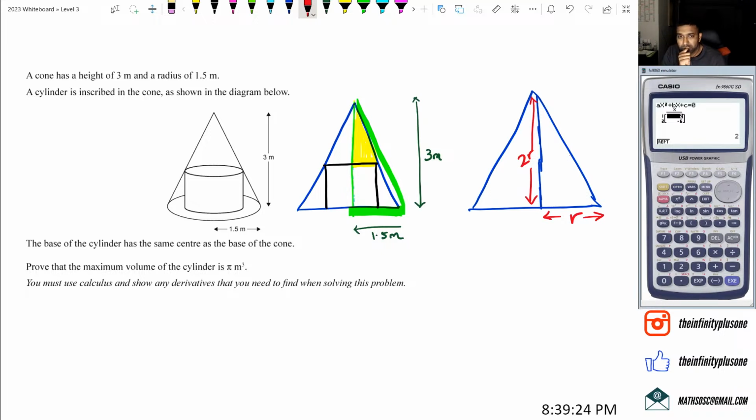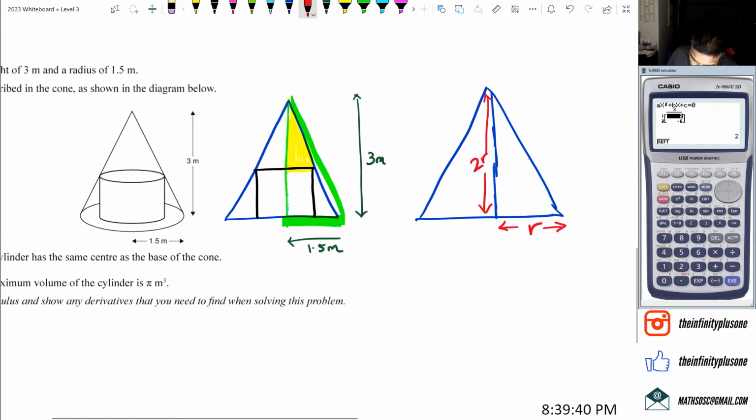That's pretty much what a similar triangle is. Because if I make this anything bigger, the radius is always going to be half of the height. So the radius is half of the height of the cone. Cool, so you guys are good with that. Perfect. Now let's look at the cylinder. Notice the cylinder's height is only from this part to this part.